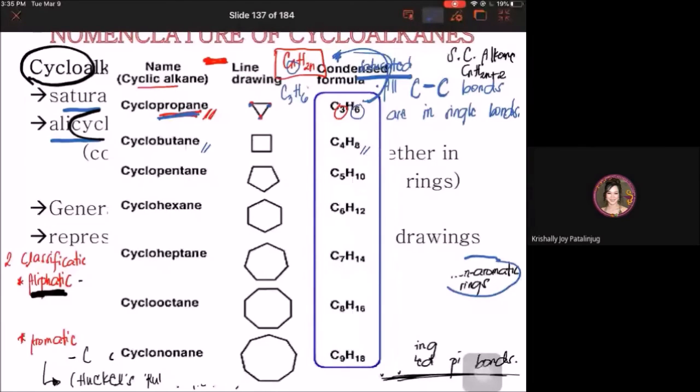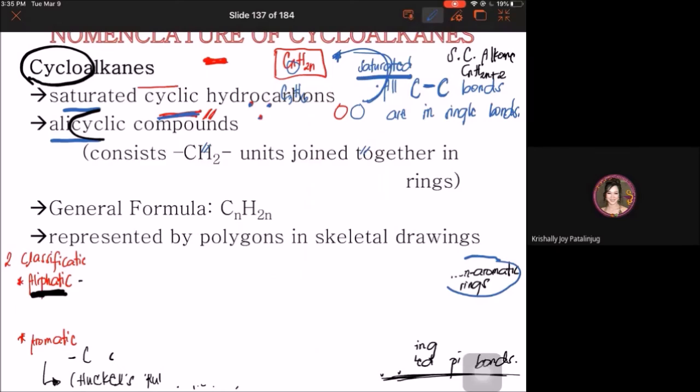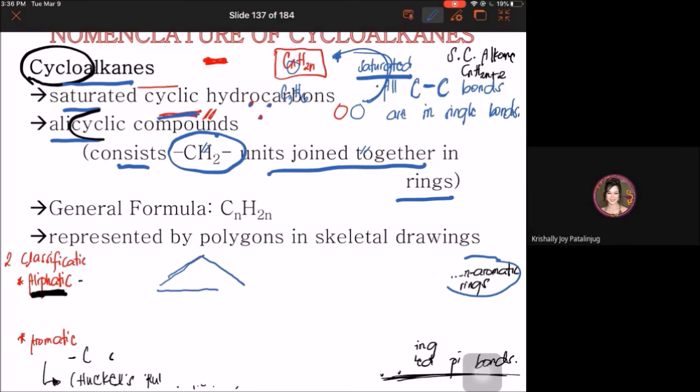cycloalkanes. Okay? Balikan natin yung definition kanina. Sabi dito, di ba, ang cycloalkane consists of CH2 units joined together in rings. Say, for example, yung simplest one is the cyclopropane.